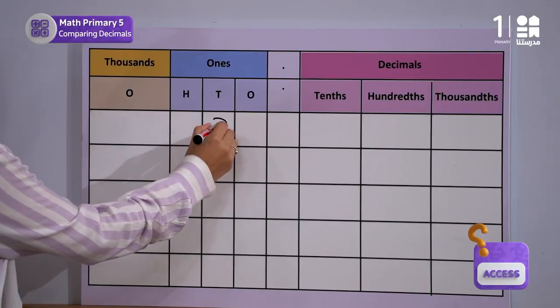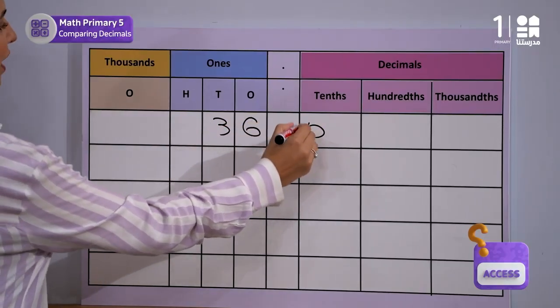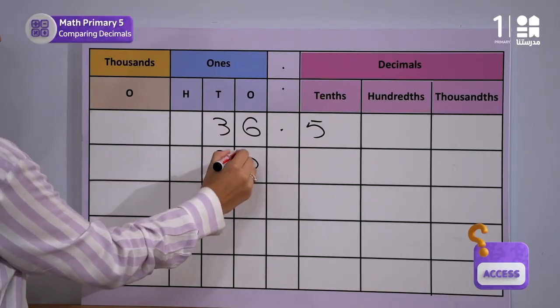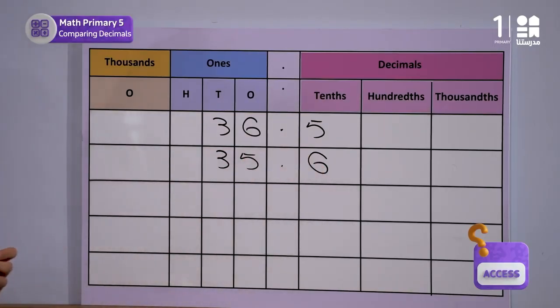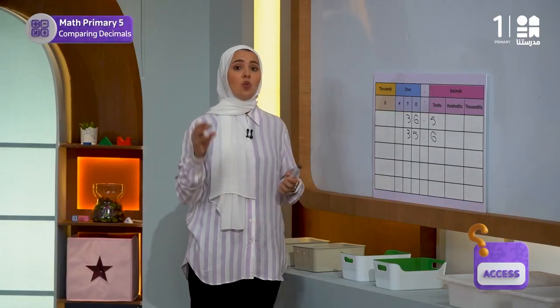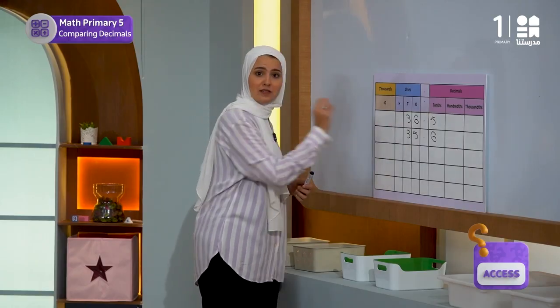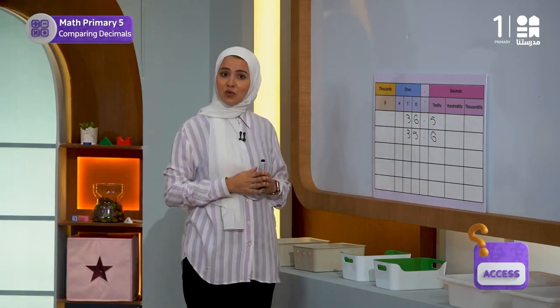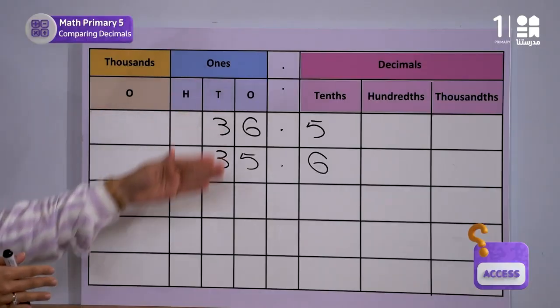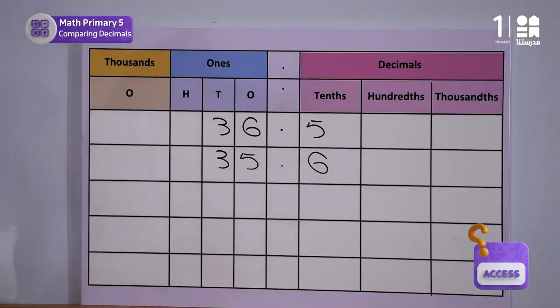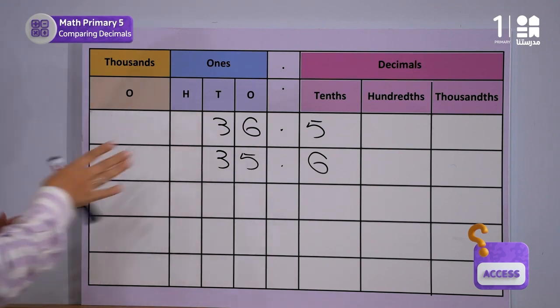We have 36.5 and 35.6. After my student was sure that the number of digits in the whole number part of the two numbers is equal, the first digits in both numbers are equal to 3.